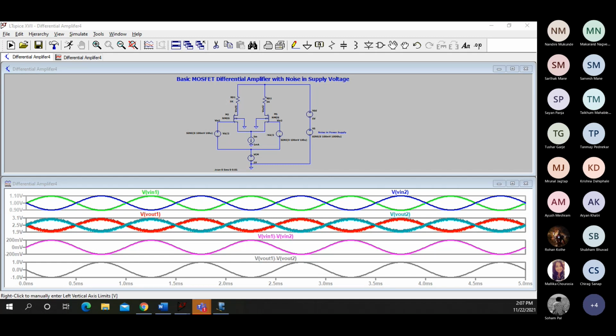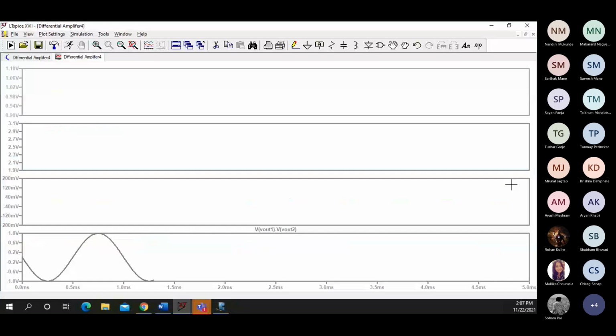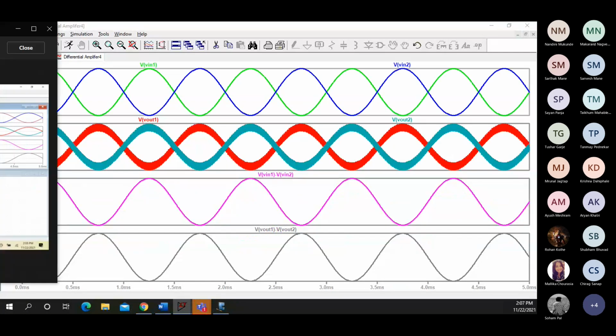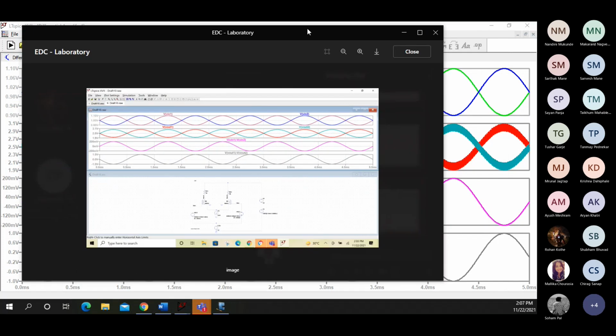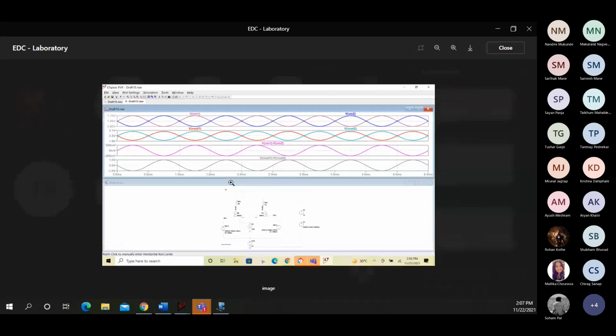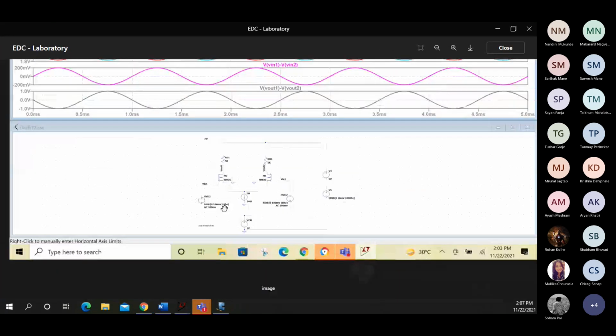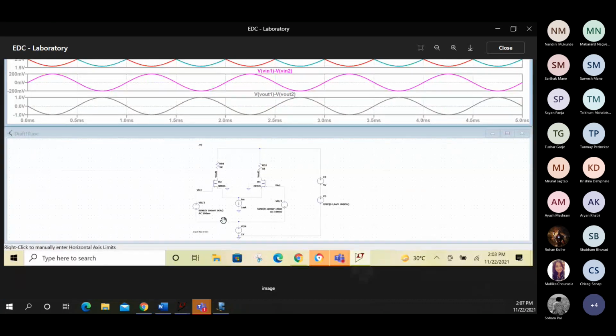Okay, Tanvi, your output is okay. But what I would like you to do is, instead of putting a 10 millivolt signal here, see, what you are trying to do is create a variation on the power supply line. Here our input was 100 millivolts, so 10 millivolts was creating sufficient variation.